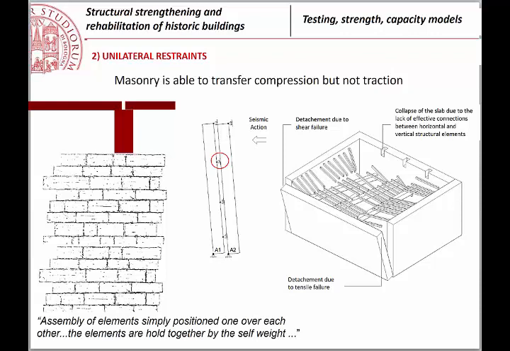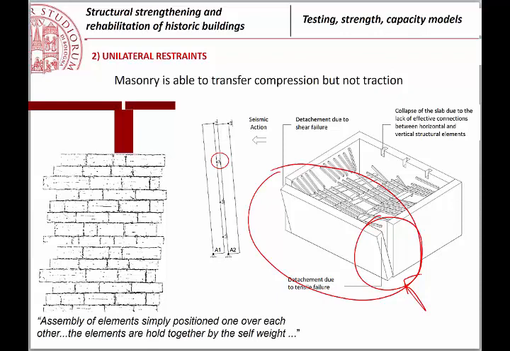Unilateral means, as you see in this picture, especially in this area, that when you have two walls that are connected, typically the walls are able to support compression, but they are not able to support significant tractions.